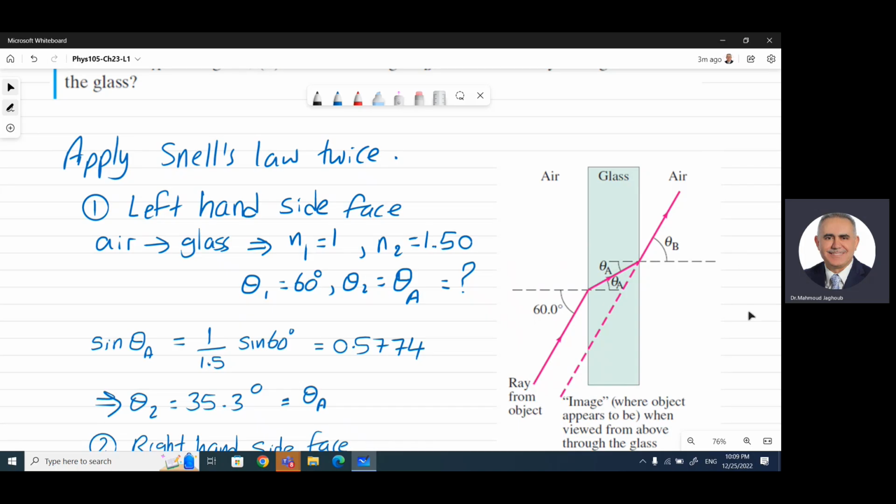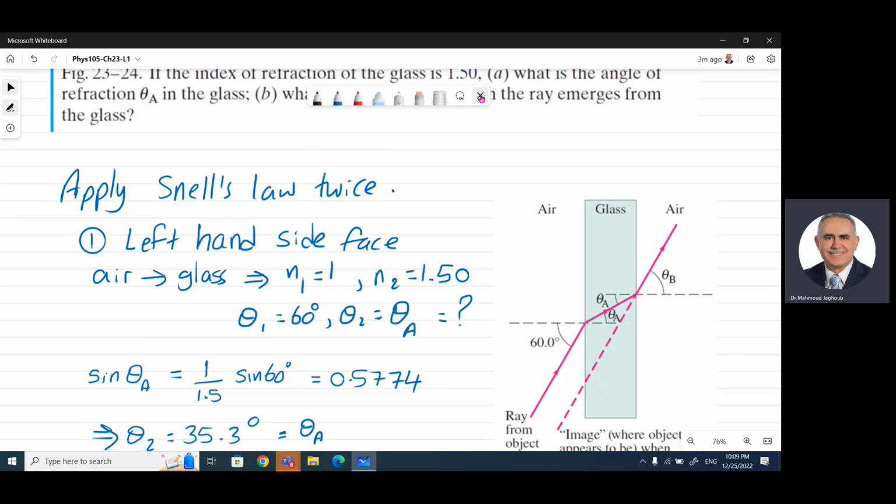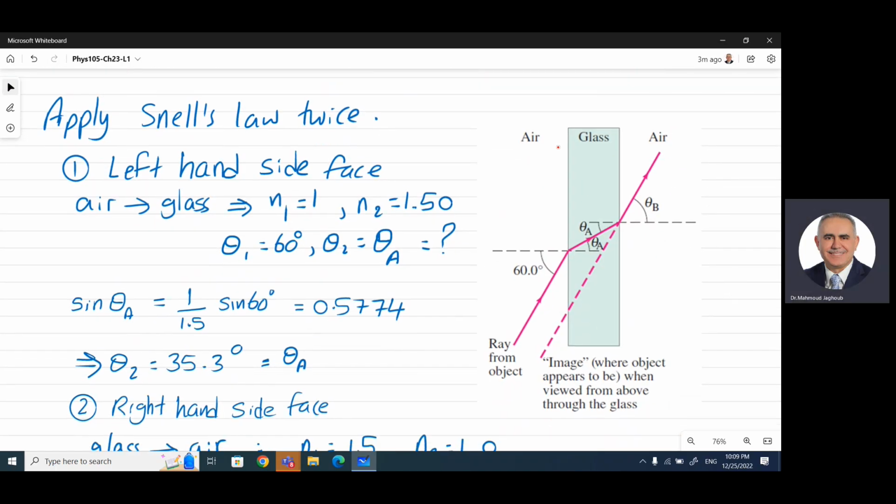Why does this happen? This is a straightforward application or implication of Snell's law. How does this happen? Look at this. Let's see this situation. This is a slab of glass, as if I'm looking at it from the side, like a glass plate and I'm looking at its edge.